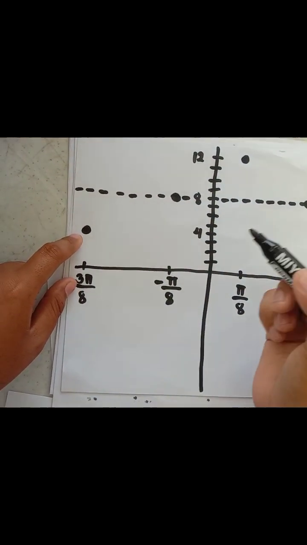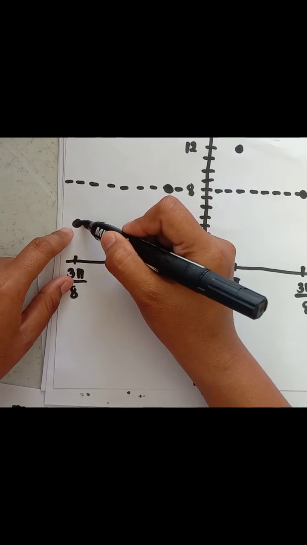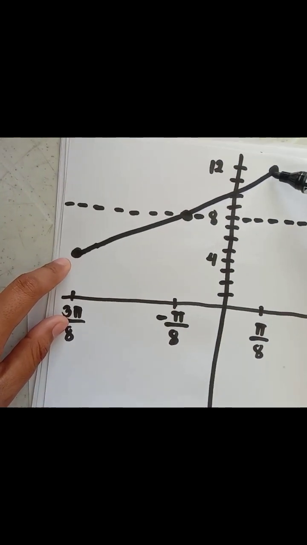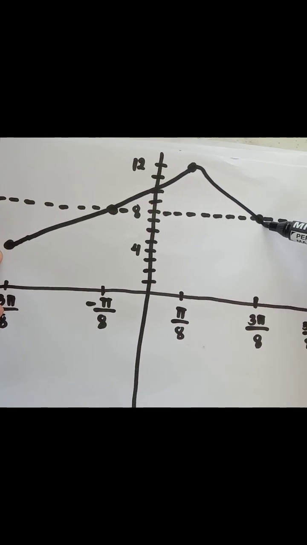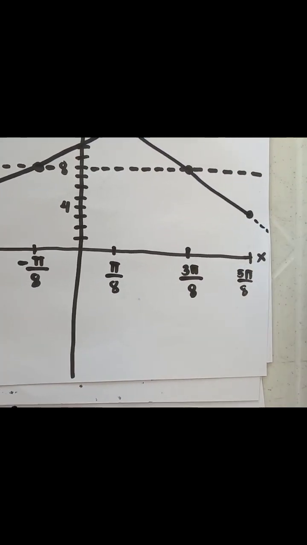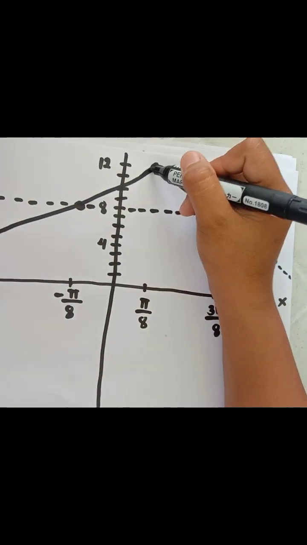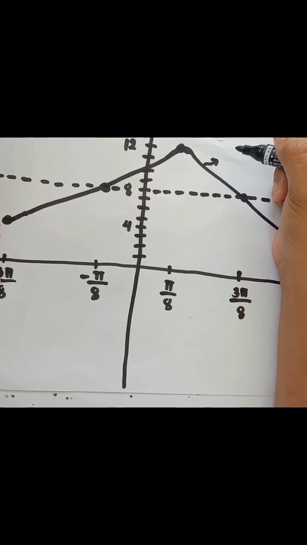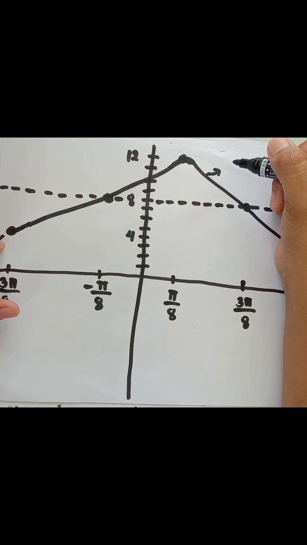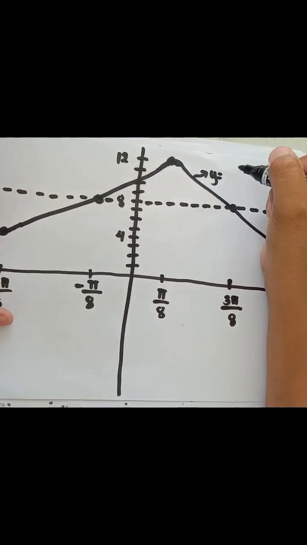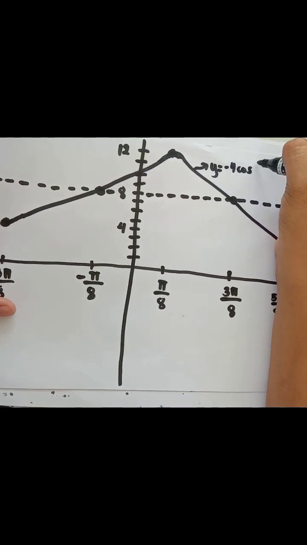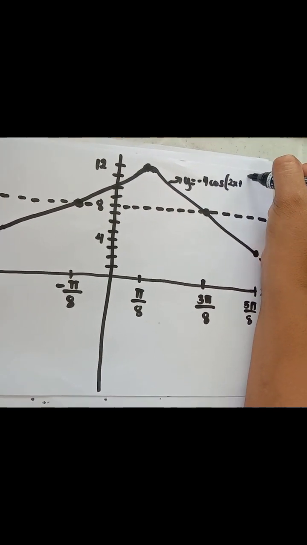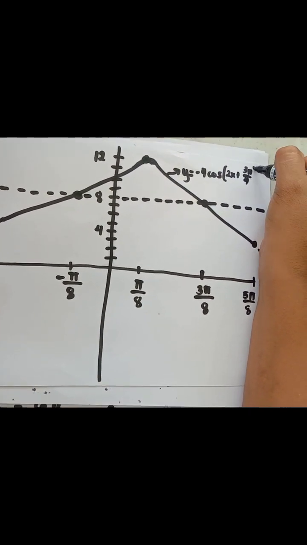So let's connect the dots. And this is the graph, and this is the graph of y equals negative 4 cosine times the quantity of 2x plus 3 pi over 4 plus 8.